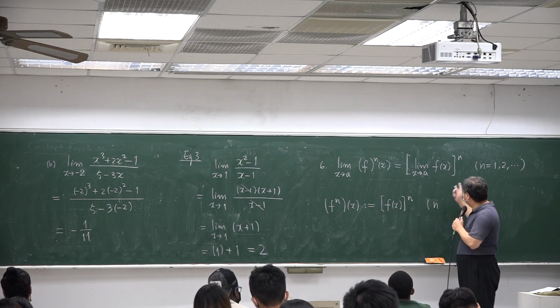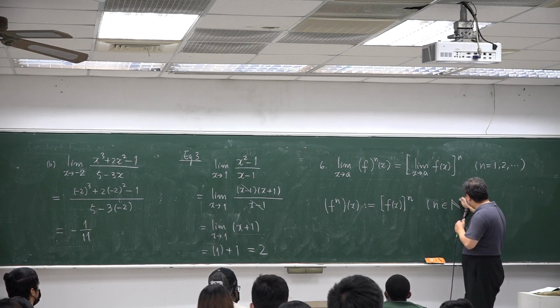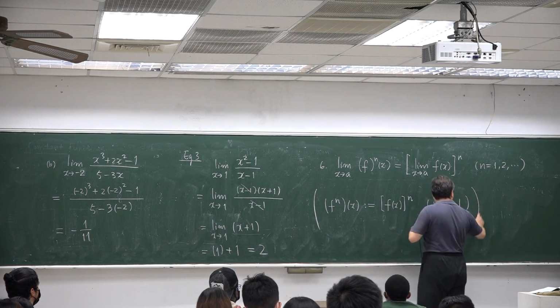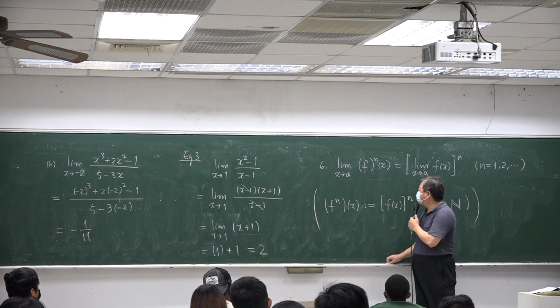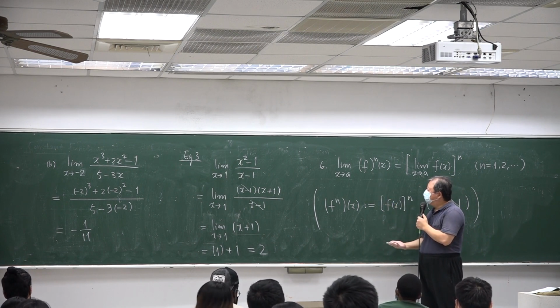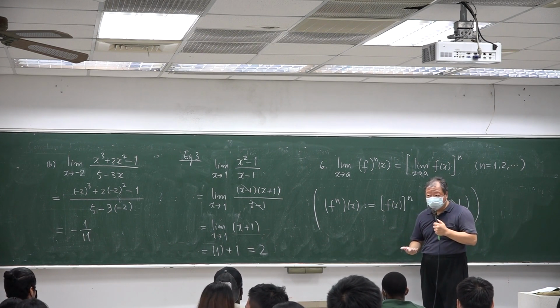n is a positive or natural number. This is, in fact, a direct consequence of the limit law, limit preserves multiplication.